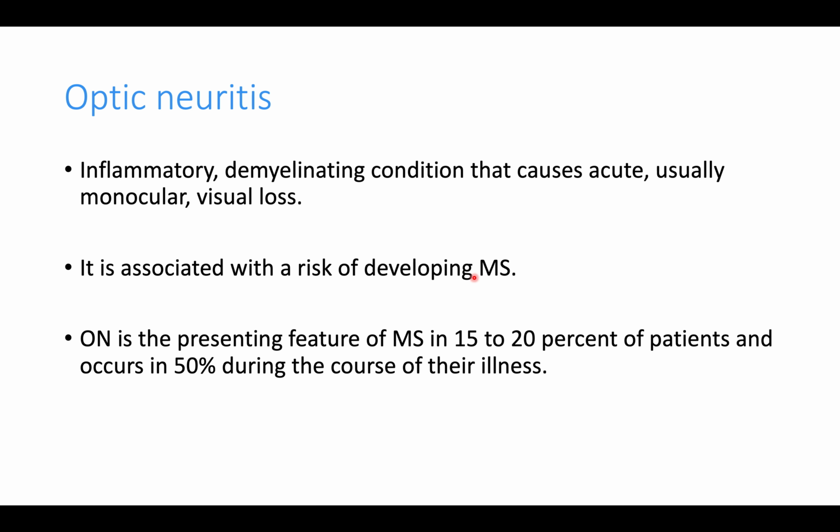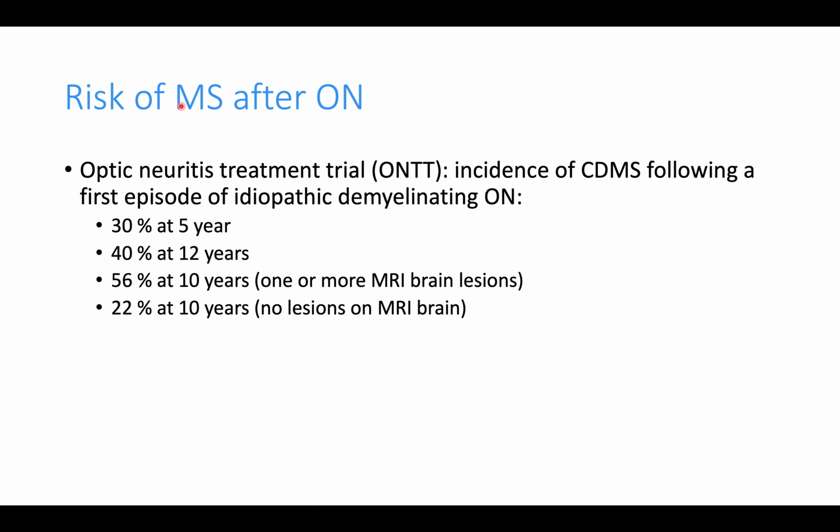Multiple sclerosis. So what is the risk of getting MS after optic neuritis? If a patient presents with optic neuritis, what is the chance that he can get multiple sclerosis?